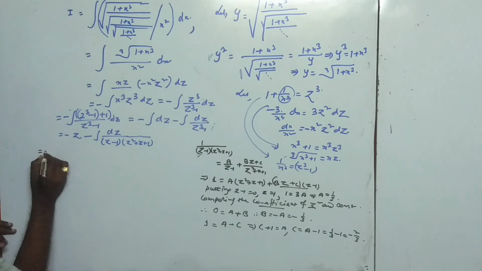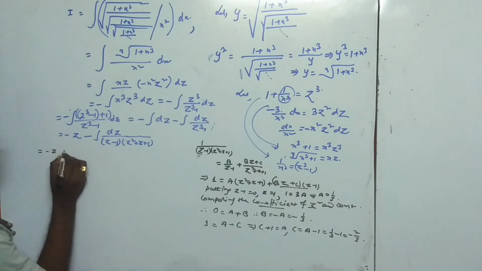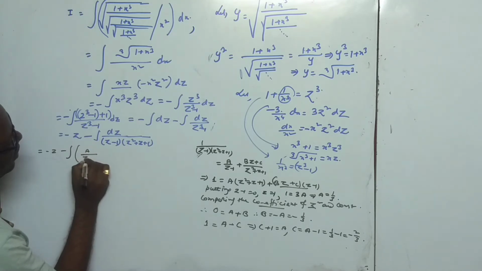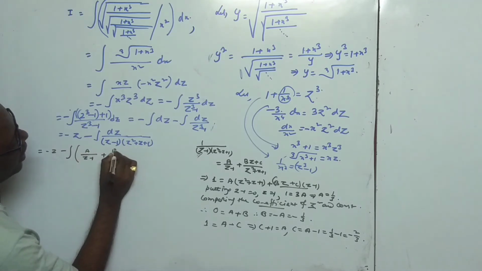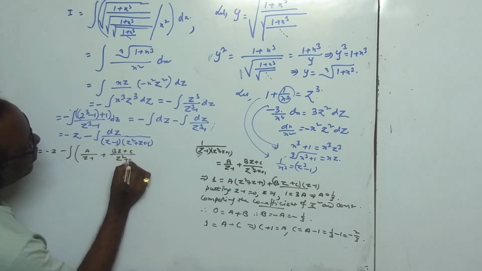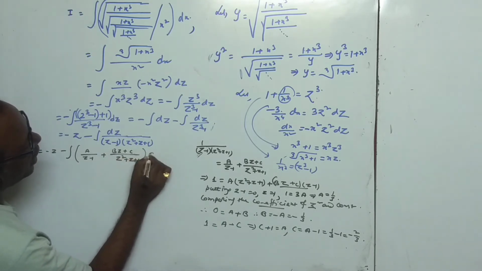now substitute in the form of that: minus z, and that is equal to a by z minus 1, and bz plus c by z square plus z plus 1, and dz here.